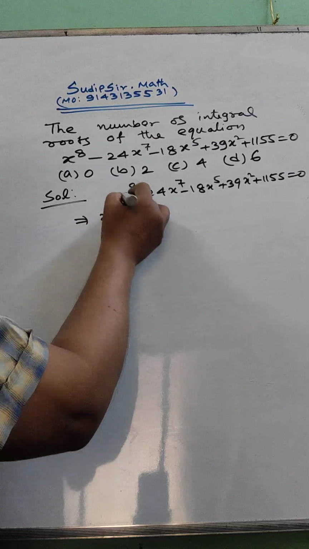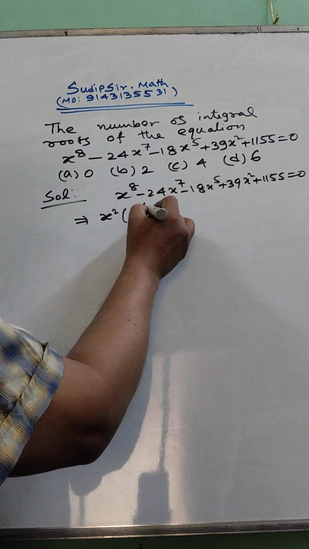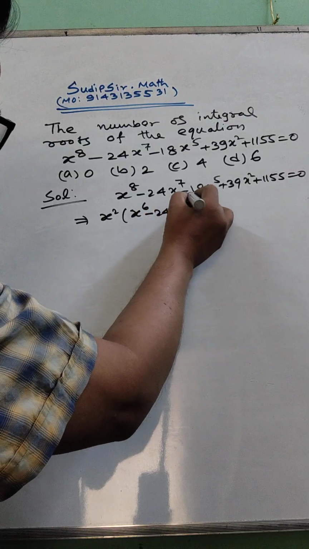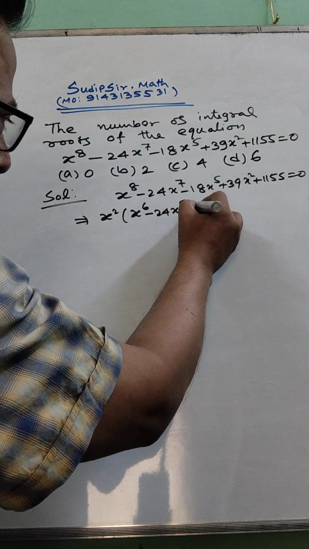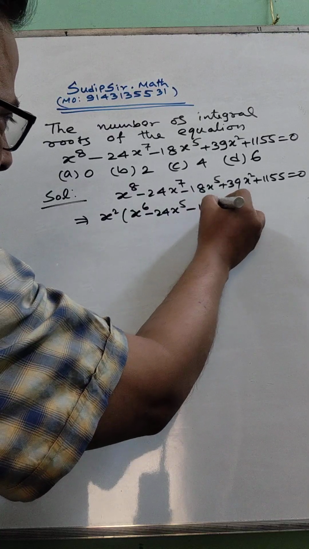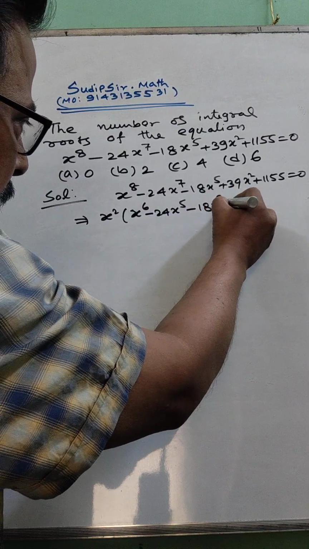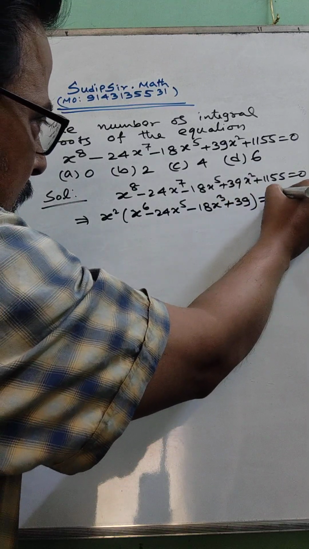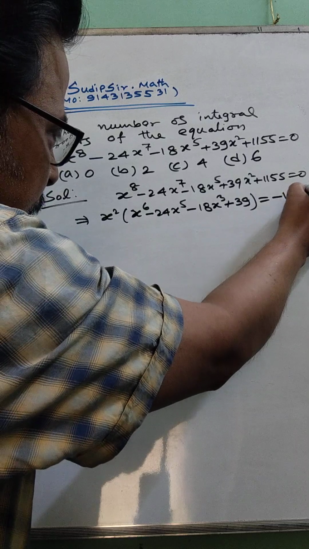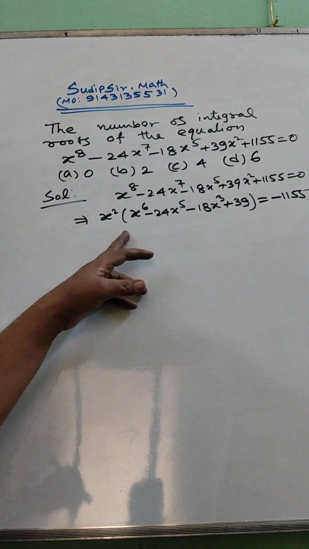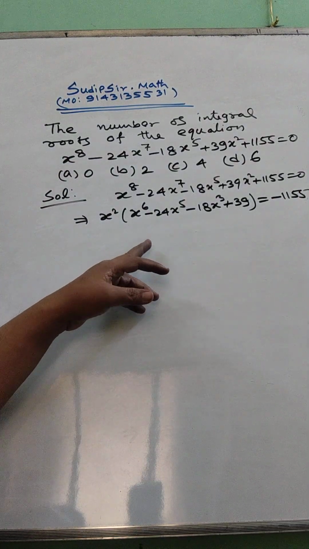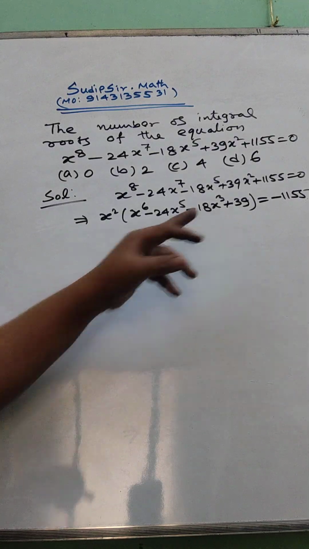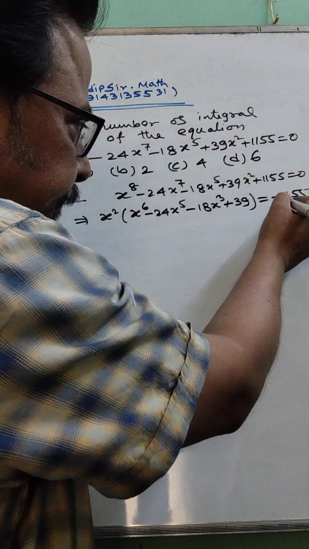So it will be x to the power 6 minus 24 x to the power 5 minus 18 x cube plus 39 equal to minus 1155.